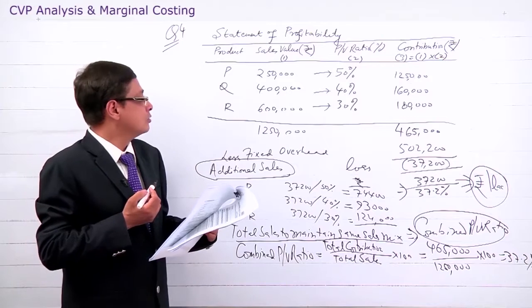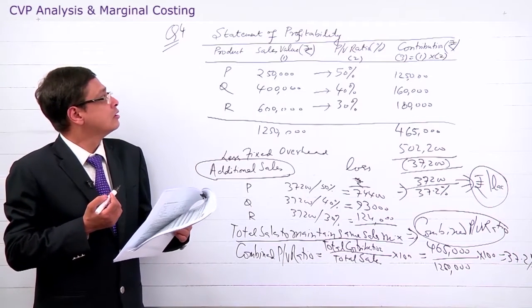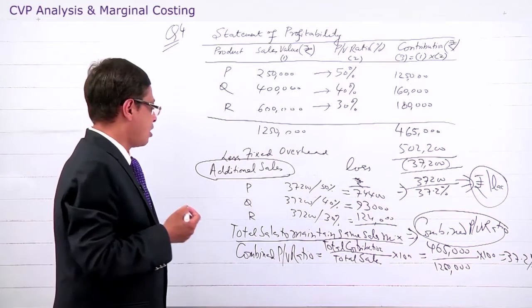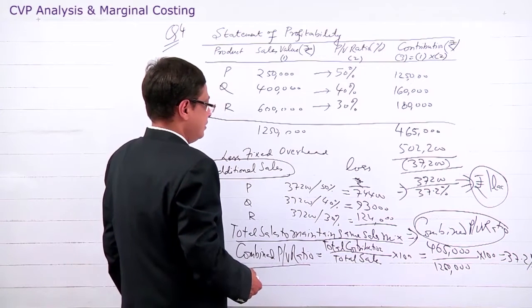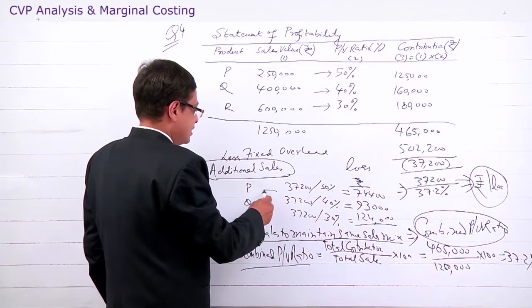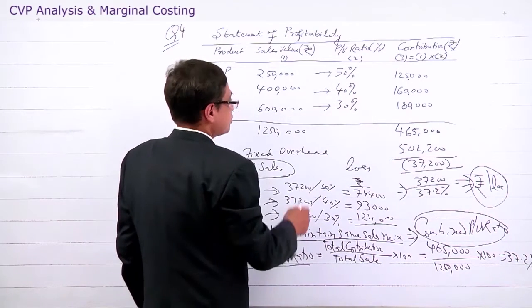I hope, friend, you have understood question number 4, which uses the principle of combined PV ratio, and to get that figure we have divided each one of the element here with corresponding PV ratio.